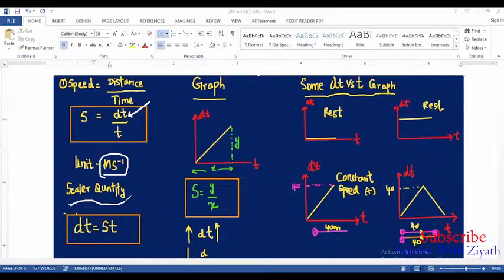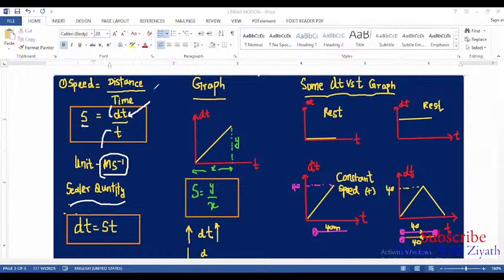You can't say that, because time is a scalar quantity. And distance is also a scalar quantity. Above is scalar and below is also scalar, so speed is also a scalar quantity.